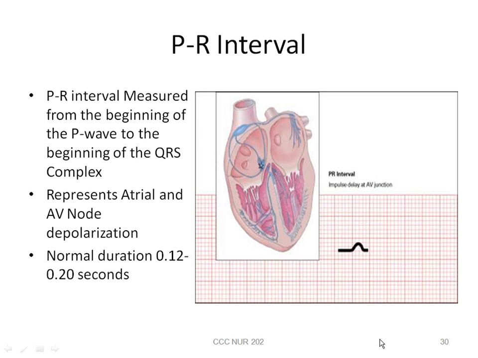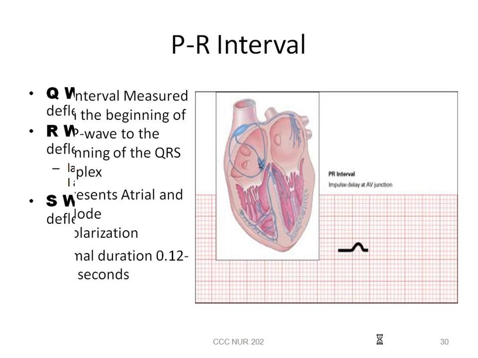Normal duration of the PR interval is 0.12 to 0.20 seconds. Anything shorter than that, anything longer than that is an abnormality. And we'll be talking about longer than 0.20 seconds as we begin to look at the QRS formation, okay?